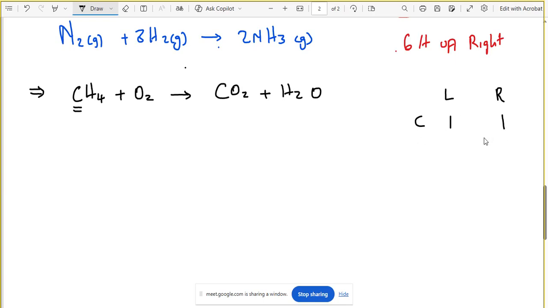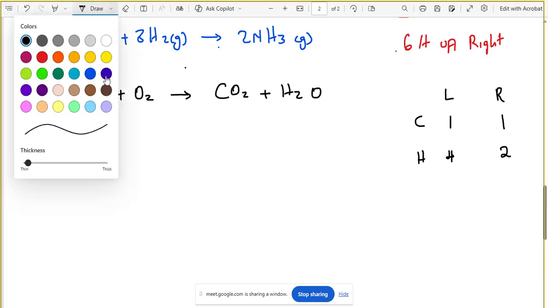Now I'm going to check for H atoms. If I check H atoms on the left, how many do we have? Four. Then on the right, how many do we have? Two. Exactly. So to balance this equation, what should we do? Can we multiply, or can we divide?